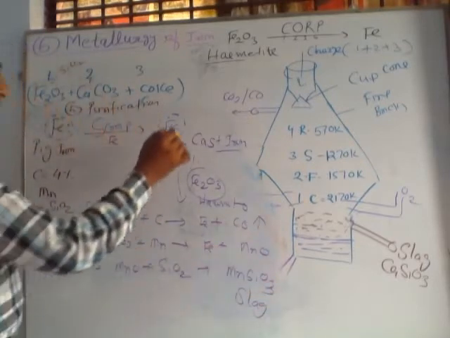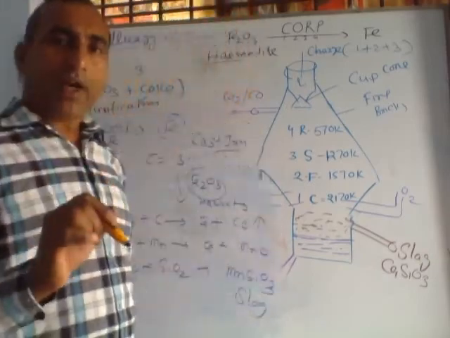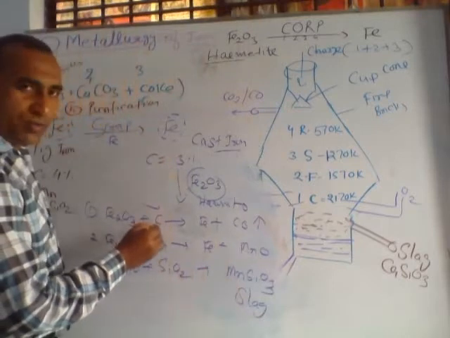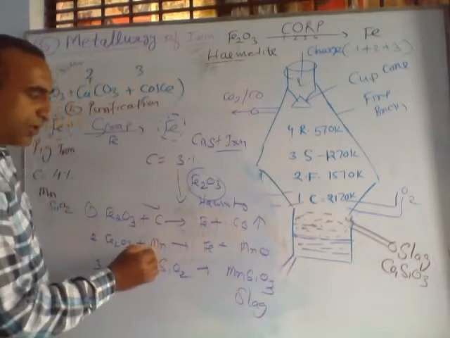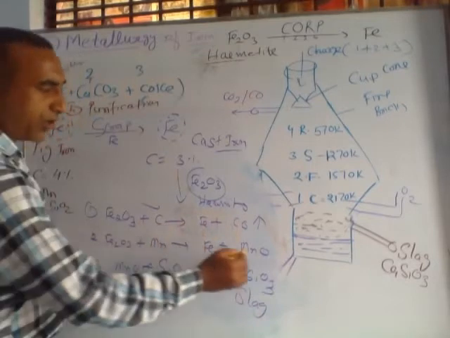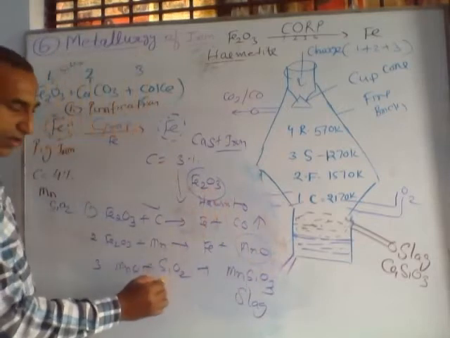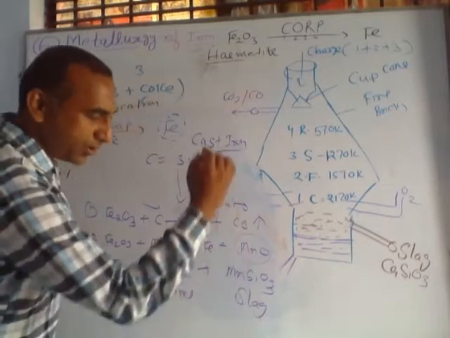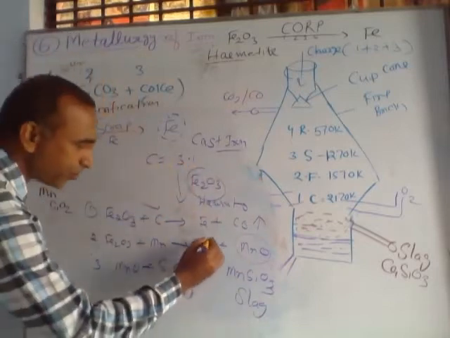So in cast iron, if we add hematite and heat, then maximum carbon is removed in the form of CO. Mn impurity reacts with this oxygen to form MnO. This MnO again reacts with silica, otherwise sand, and forms slag. Now this iron is obtained.